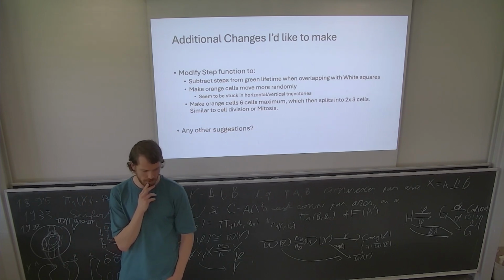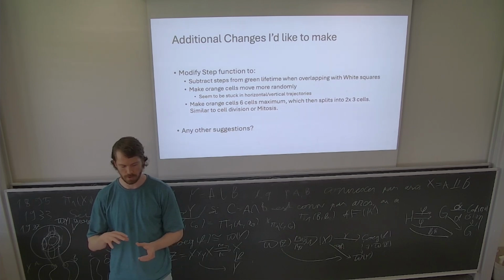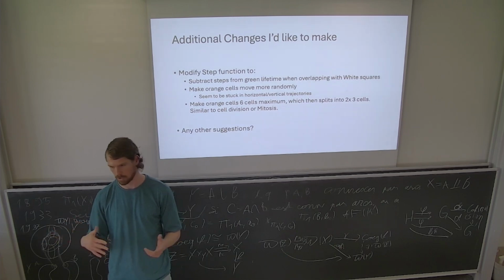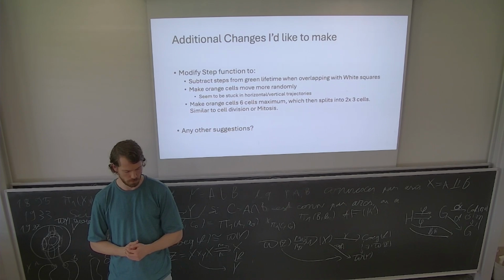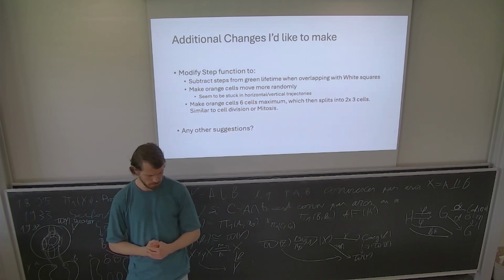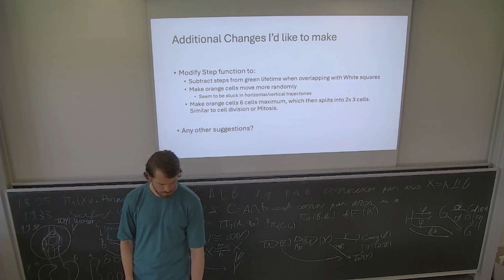And then play around with parameters and add extra parameters, such as the green cell's lifespan being decreased when it touches certain toxins or white squares or whatever other parts you implement. So that's basically it.